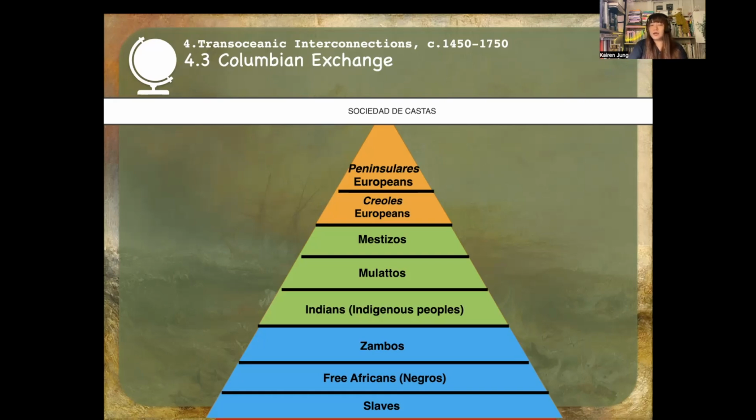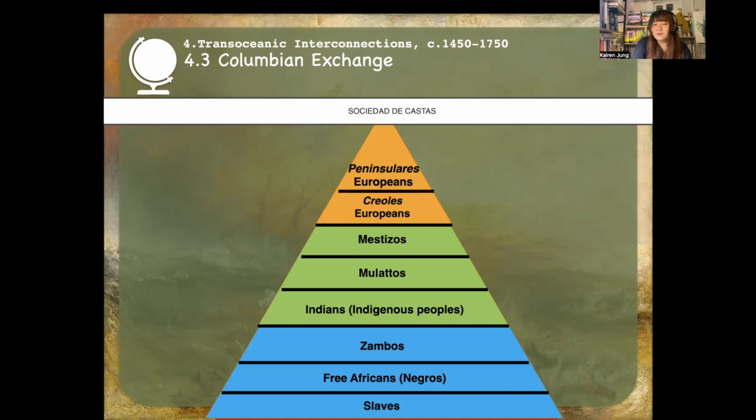So eventually, over time, life goes on, people mix and mingle, but the total annihilation of cultures is not exactly something that can be overlooked. It's very sad. Anyway, you had this very rigid sociedad de castas. So you had a caste system within society. You had slaves at the very bottom. You had free Africans above that, and then above that, the Zambos, who were mixed.